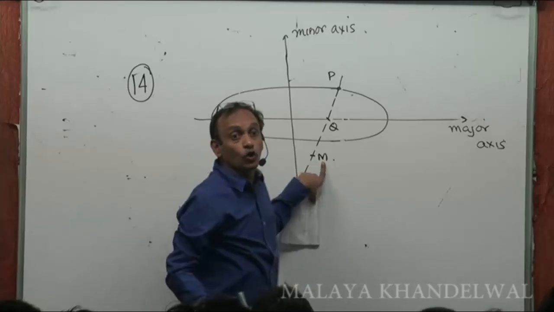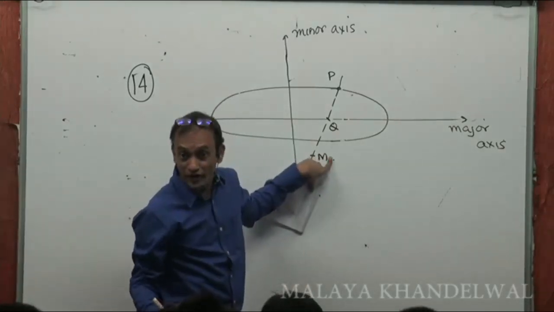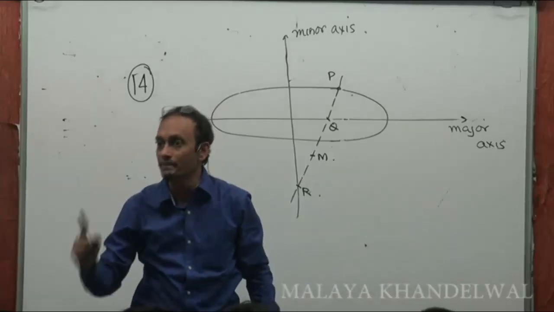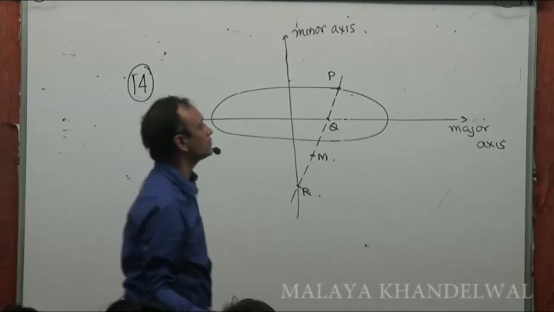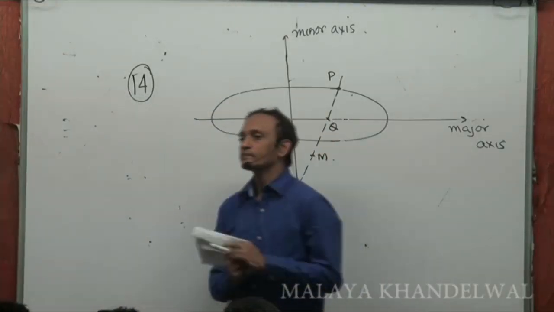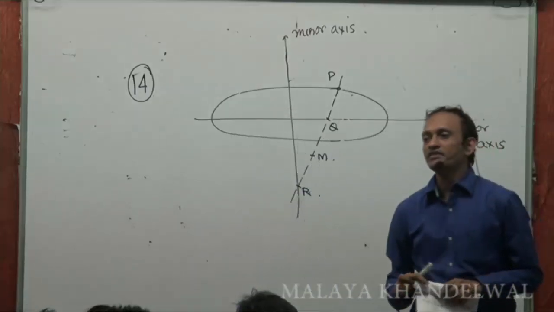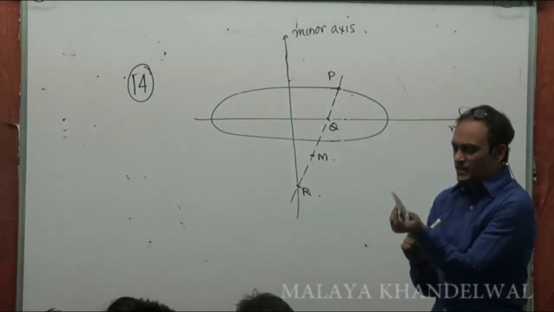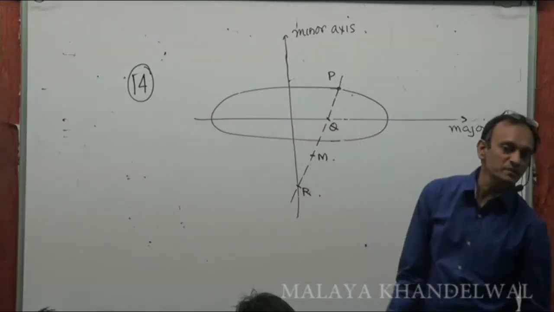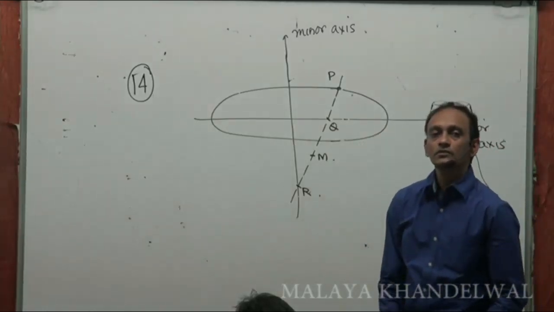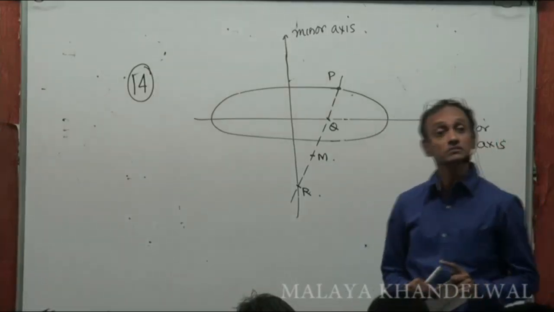The locus of M, the midpoint of QR, will be an ellipse enjoying the same eccentricity as the mother ellipse.